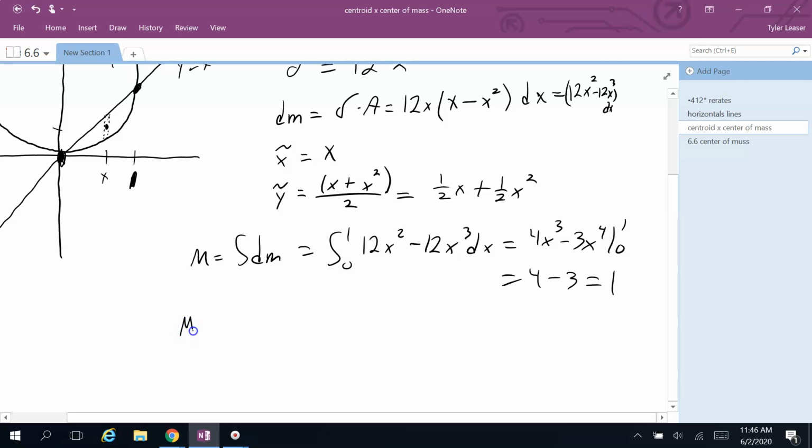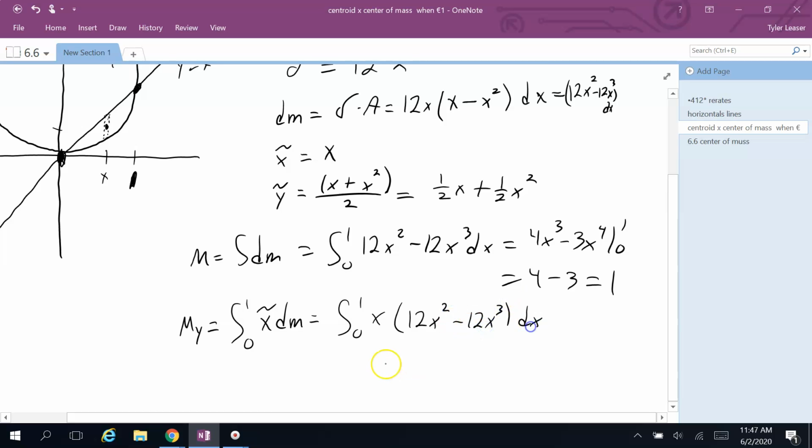The moment about the y-axis is going to be the integral, again from 0 to 1. I should write the definition: the moment about the y-axis is the integral of x wiggle dm, from the formula. So the integral from 0 to 1, x wiggle is just x, times dm, which was 12x squared minus 12x cubed dx.